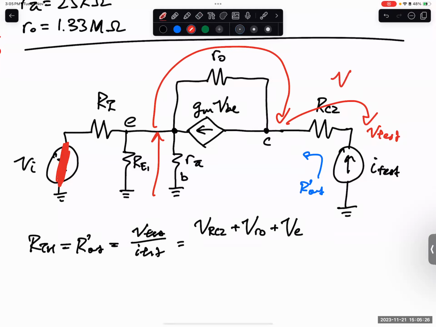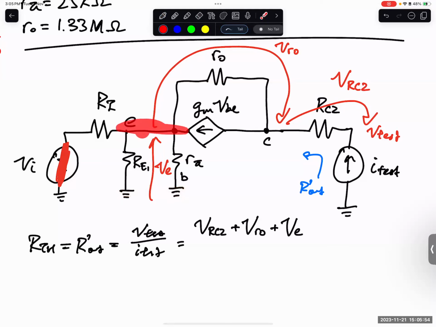This is VRC2. This is VR0. This over here up like that is VE. I hope this should be simple enough to see. Can explain again. So you can see this is VE, according to base, according to ground.